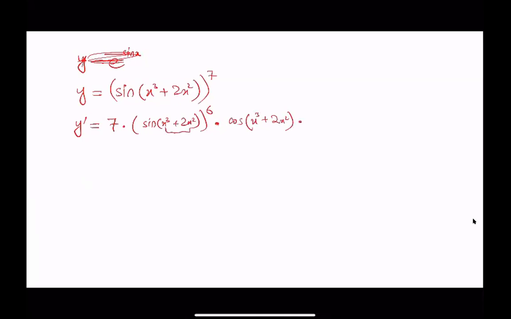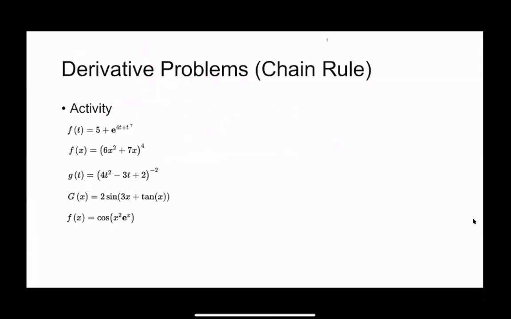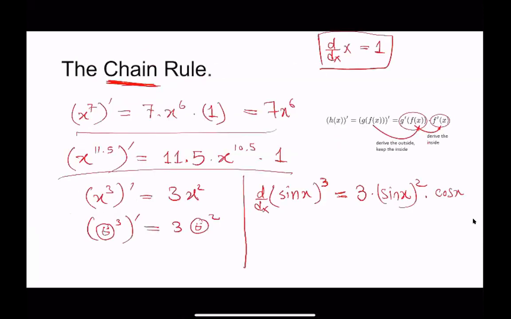So I will multiply once more by the derivative of the inside function, 3x squared plus 4x. So we just continue multiplying until we reach the inside function. That's what I meant when we discussed these things.